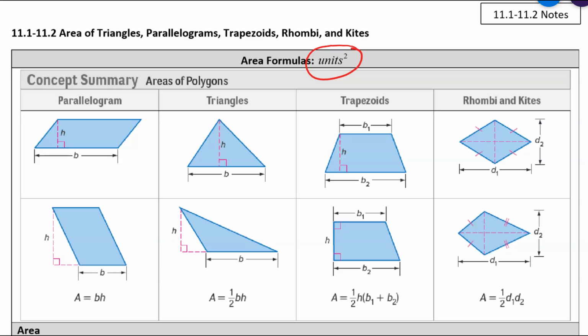If you were painting a wall, you would need to buy paint to cover the square footage of the wall. I know you have done area before and you've done area of polygons before, but in geometry you have to rely on background knowledge to help find missing pieces. The first thing that we have listed here is the parallelogram. Now the height of the parallelogram is always going to connect the parallel bases.